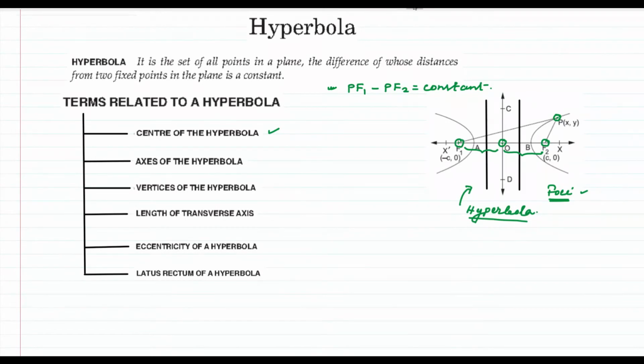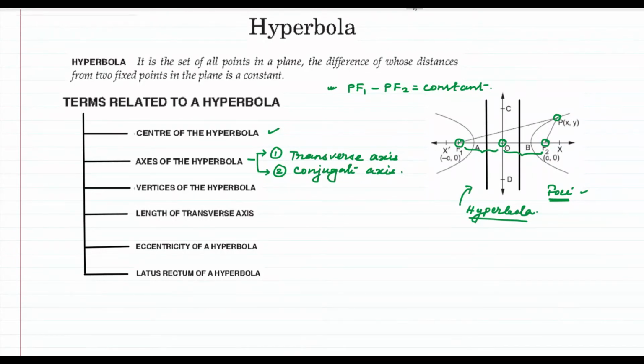Now axis of the hyperbola. There are two types of axis. One is the transverse axis, and the second one is the conjugate axis. So what is the transverse axis?